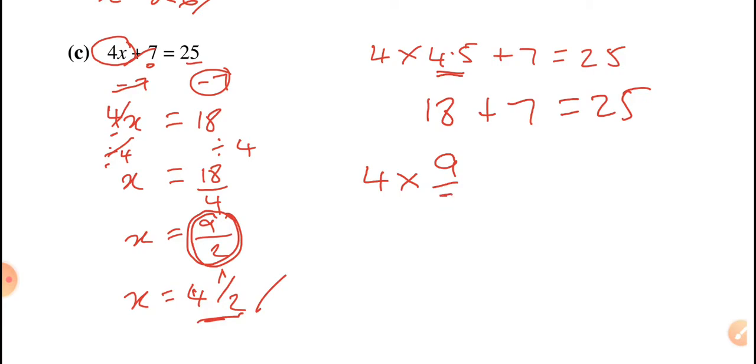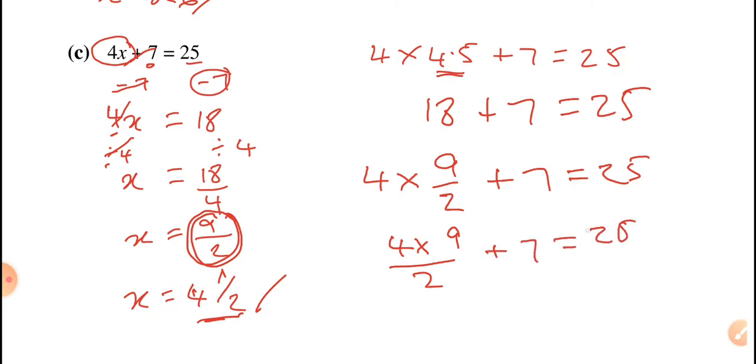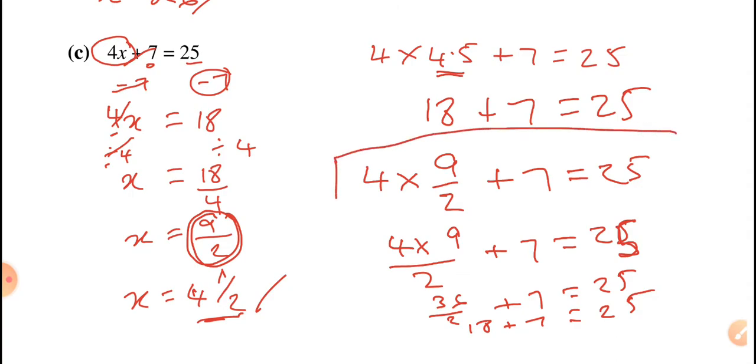So 4 times 9 over 2 plus 7 is equal to 25. We know 4 times 9 is 36. So 36 over 2 plus 7 is 25. We know that 36 divided by 2 is 18, and 18 add 7 is equal to 25. So this was substituting the value of x using fractions.